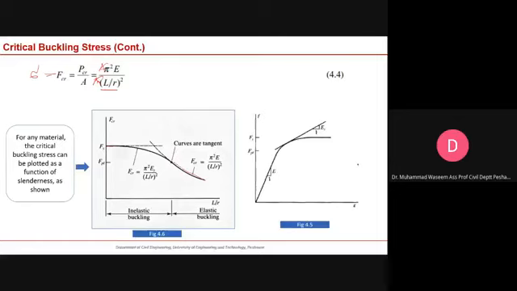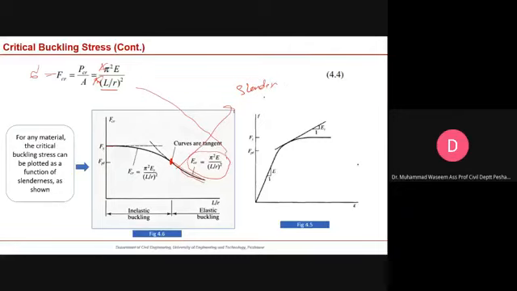This is the same equation, the Euler equation, and it is valid up to the elastic limit or the proportional limit. You know that the stresses that remain within the proportional or elastic limits are for slender columns.